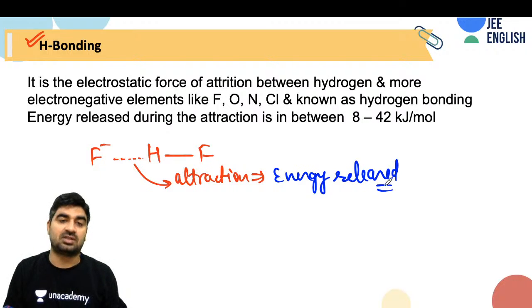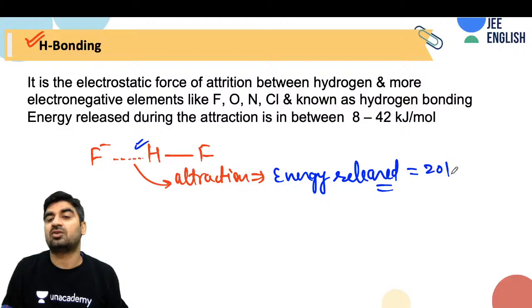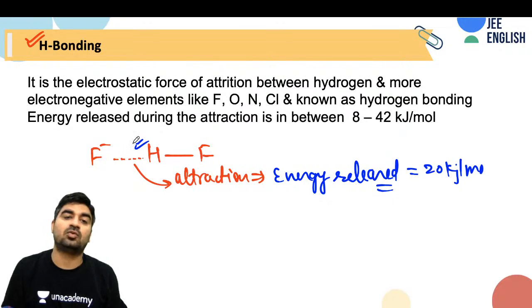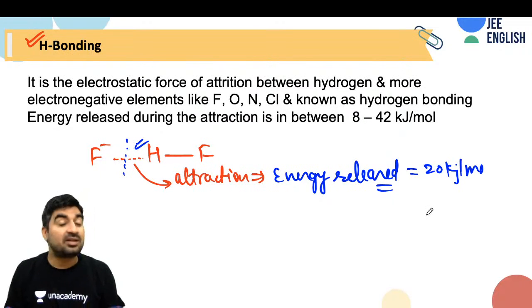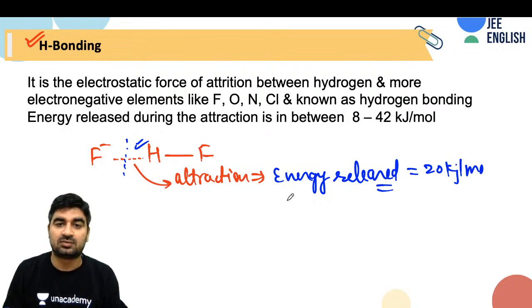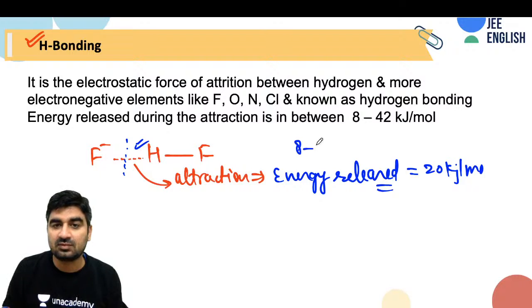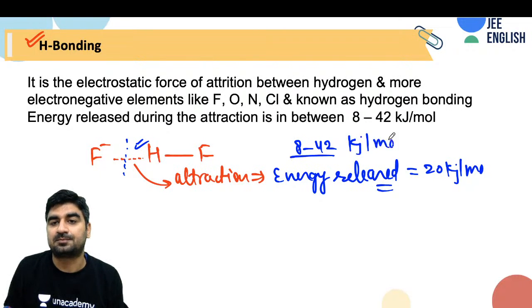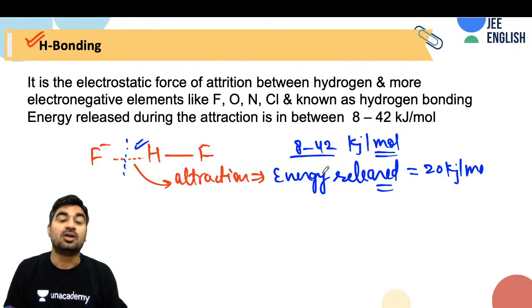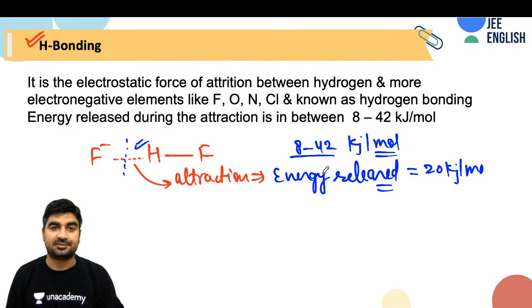Suppose the energy release is 20 kilojoule per mole. When you break this bond, you have to provide the 20 kilojoule. And for hydrogen bonding, the energy release will be of the order 8 to 42 kilojoule per mole. Right?